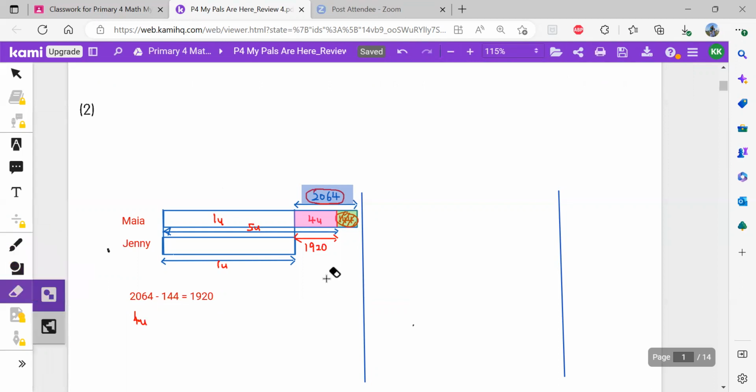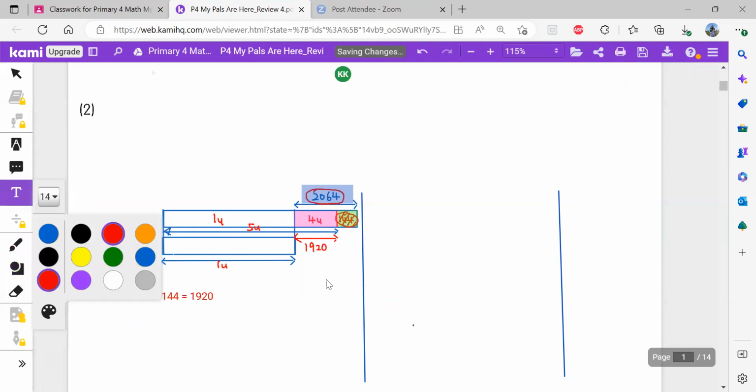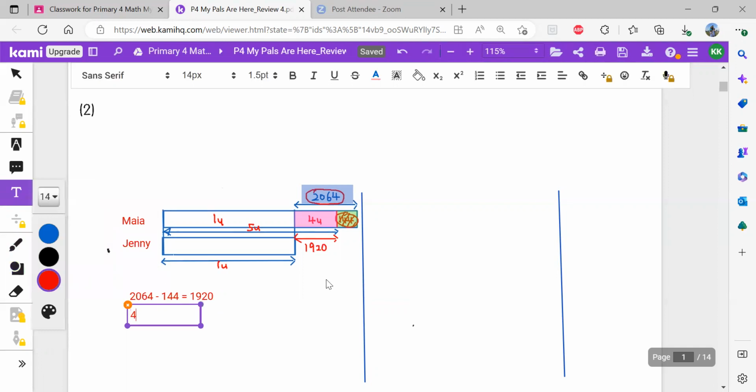Since I know 4 units is equal to 1920, it is always useful to find out 1 unit. We should always find 1 unit, because once we know 1 unit, we know a lot, we know everything, right? 1 unit is 1920 split equally into 4 parts.